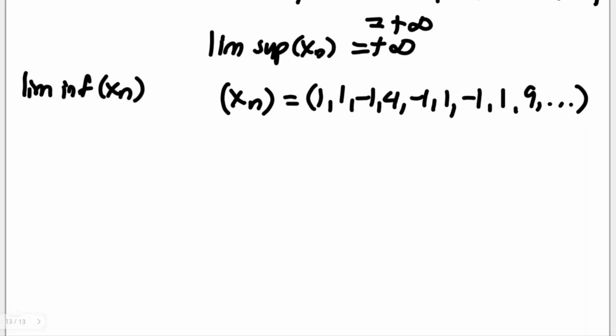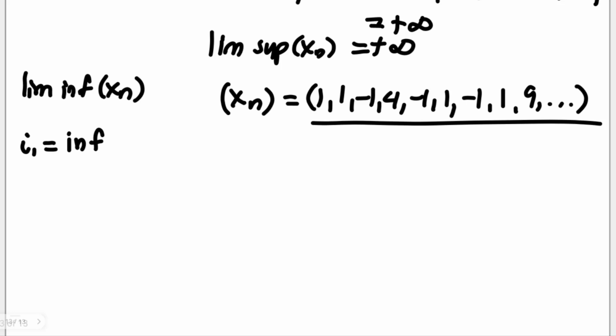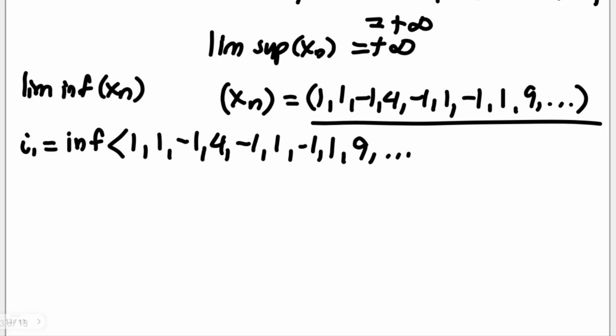So from this you will have the starting one, the infimum of this entire form: 1, 1, -1, 4, -1, 1, -1, 1, and then 9.